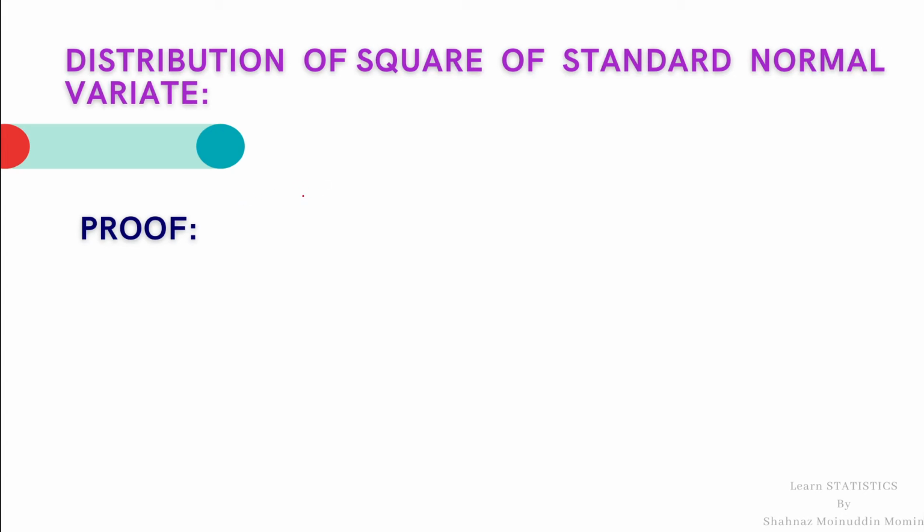Hence, if z is a standard normal variate, then y equal to z square follows a chi-square distribution with 1 degree of freedom. Hence the result.